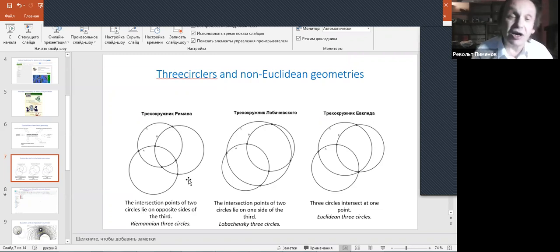And it is easy to understand that in these cases, we will have the geometry of Riemann, because in these cases, all such circles will intersect. In these cases, we will have the geometry of Lobachevsky, and this is, of course, the geometry of Euclid.